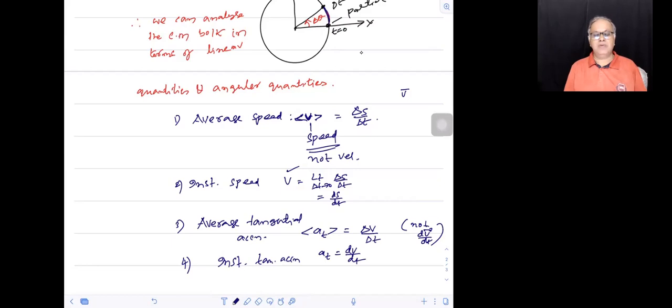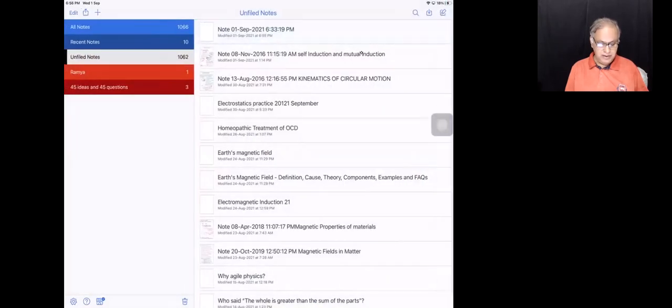So between two instants, t1 and t2, you define average speed and make it instantaneous speed. Similarly, between two different speeds, you define tangential acceleration and make it instantaneous by bringing the time interval to 0. So this is all about the linear quantities. But you can as well define the angular quantities, children.